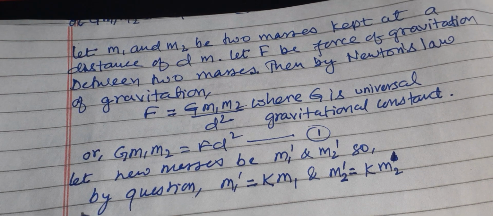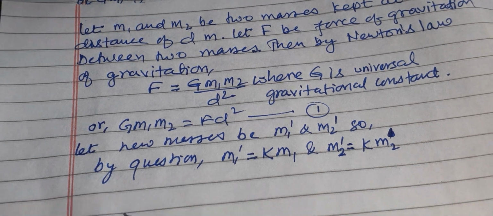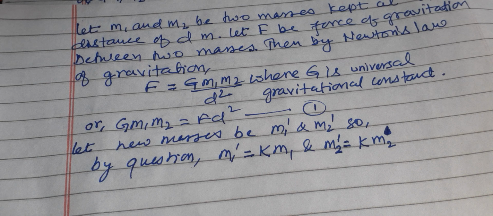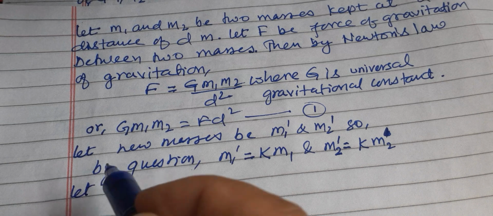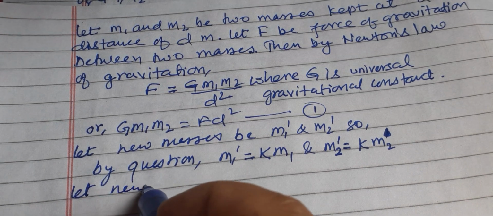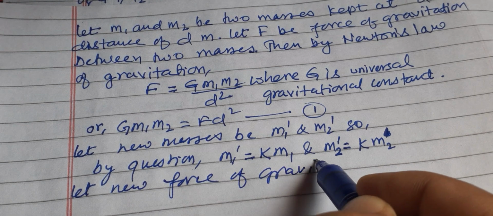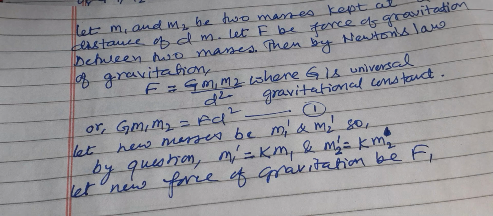Okay, so when the mass changes, then the force of gravitation also changes by Newton's law of gravitation. Different mass produces a different force of gravitation. So let the new force of gravitation be F1.